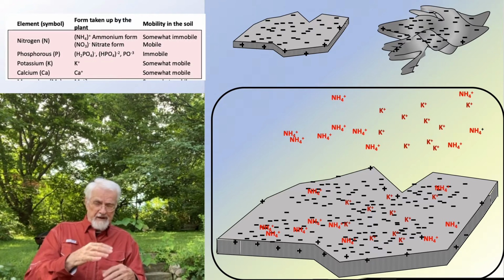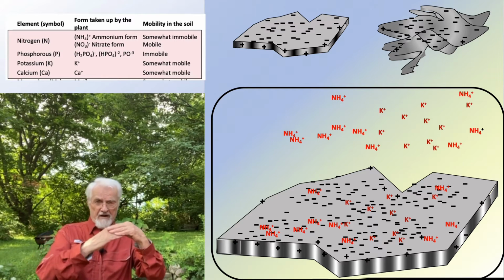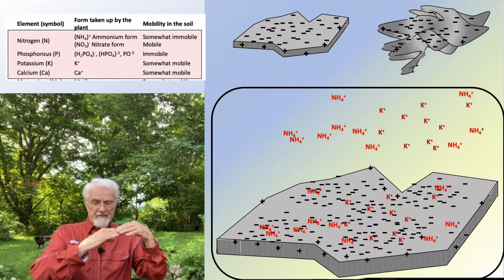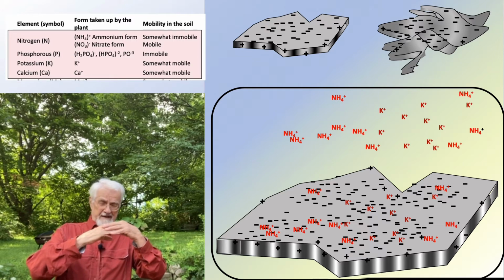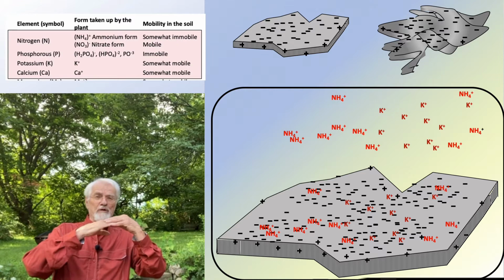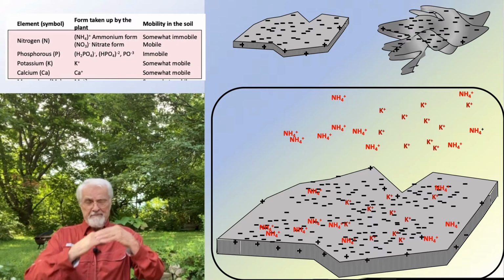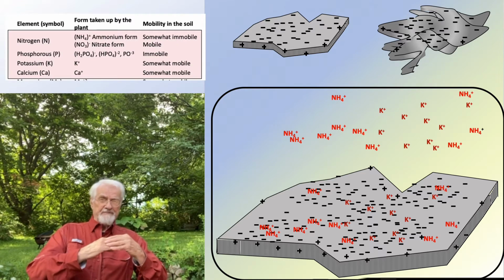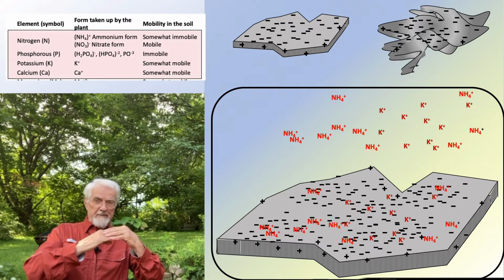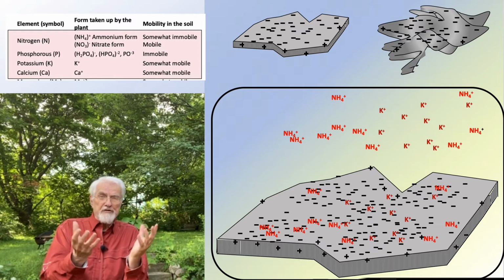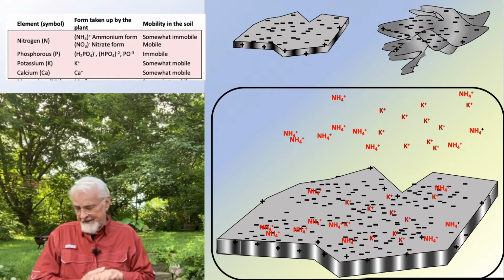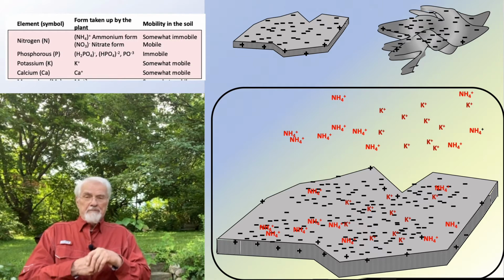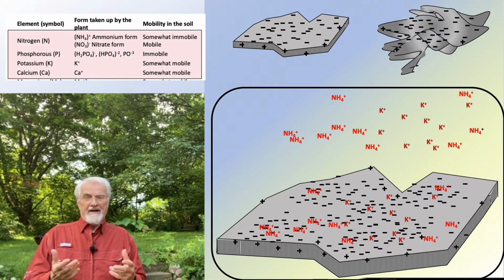So in general, if you can imagine a piece of clay here, the anions and cations on the surface of that piece of clay will be in equilibrium. The proportions of potassium, ammonium, calcium, etc., will be in equilibrium with the proportions in the soil solution surrounding that colloidal particle, and that will be a process that will continue operating always.